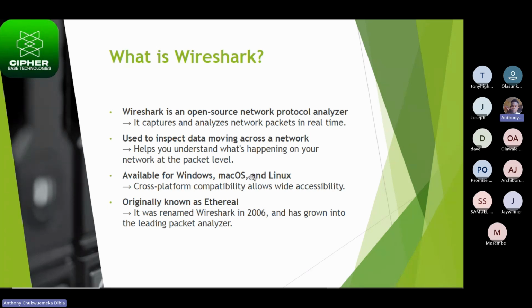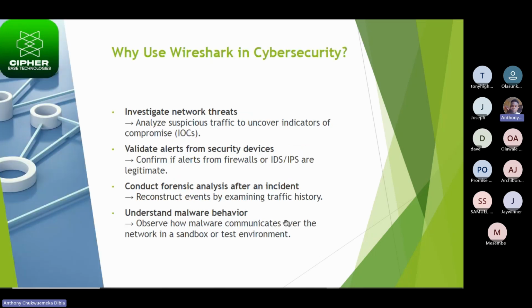Now, it is available for Windows, Mac OS, and Linux. So it's available for Windows, available for Mac, then it's available for Linux also. Originally known as Ethereal, it was renamed Wireshark in 2006 and has grown into a leading packet analyzer.